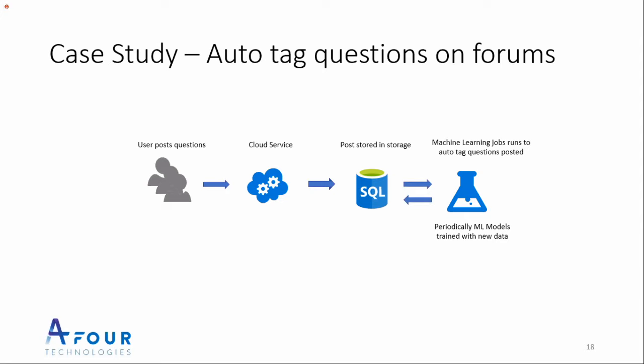For example, in this case study, this is the simplest form of case study wherein suppose you have developed an application which actually allows users to post questions onto your portal, and then you assume that there are different users who are actually monitoring those questions and they are answering those questions.